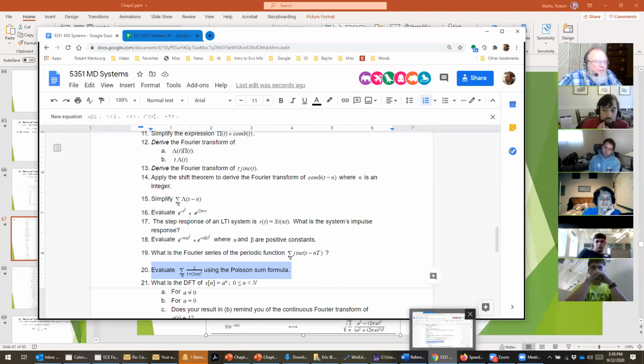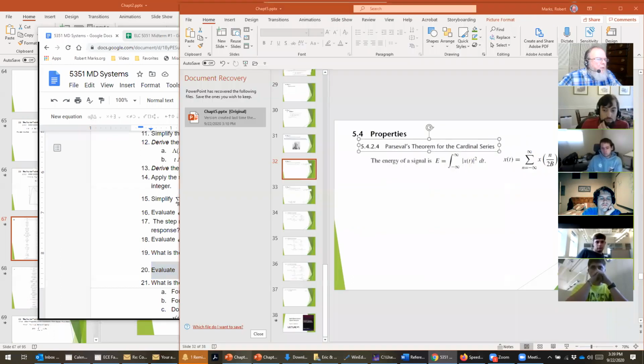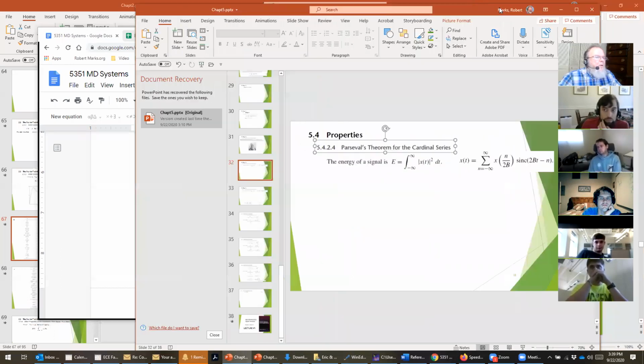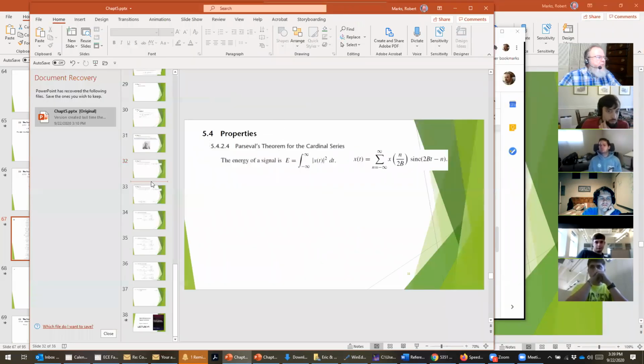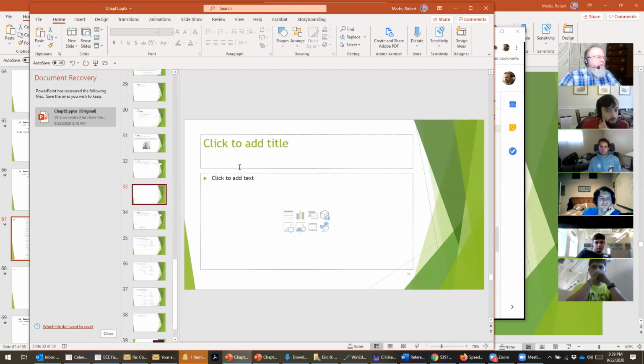Let me copy this and go over to the properties here and do a new slide. Now let's see if this works. Okay. That didn't work too good, did it? My cut and paste didn't do well at all.